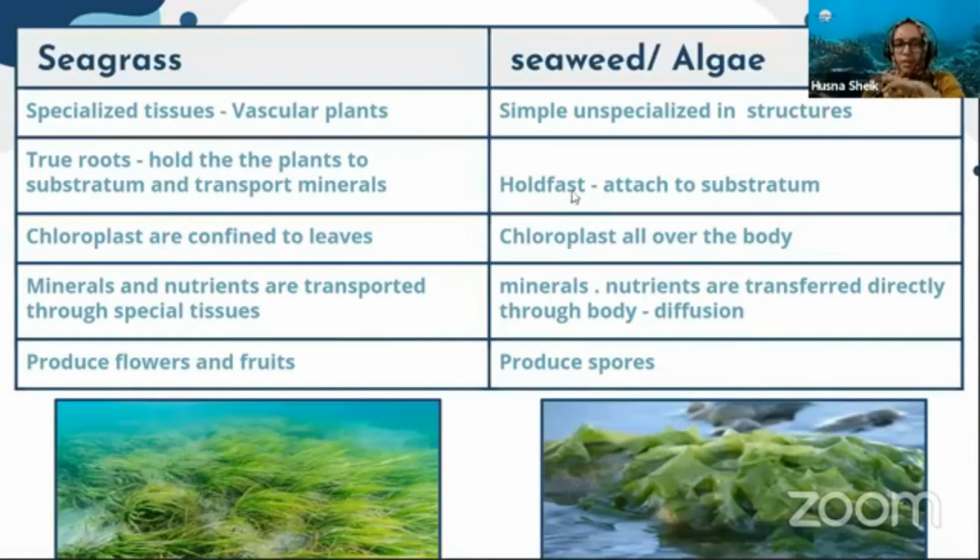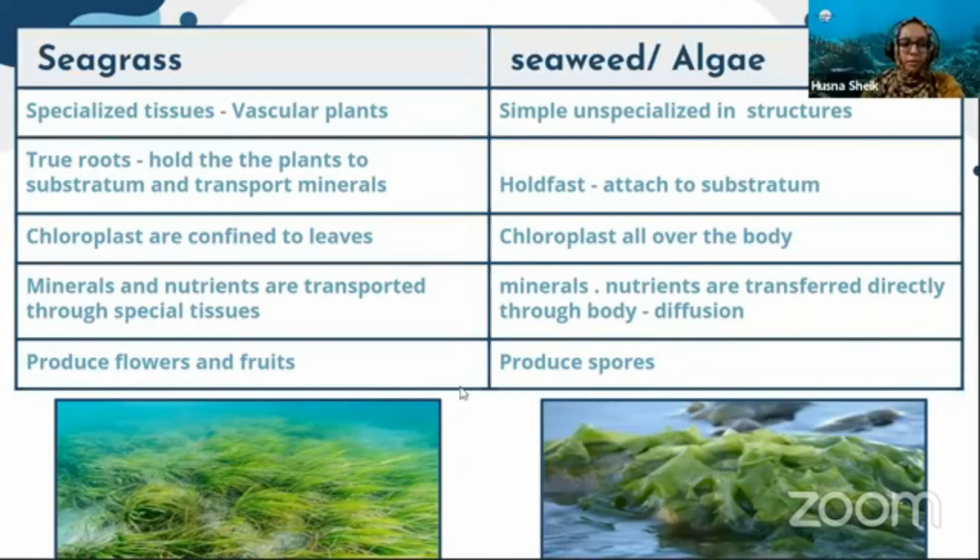Seaweed have a holdfast, as I showed you in the earlier picture, that helps them to get attached. Chloroplasts are confined to leaves, so this is very important. Seagrass have stem and leaves. The chloroplast, which contains the chlorophyll pigment, is only confined to their leaf part. We can see it only in the leaf, but in seaweed it is all over the body.